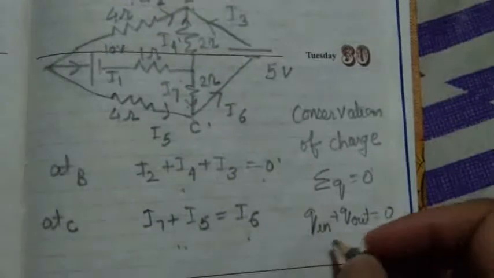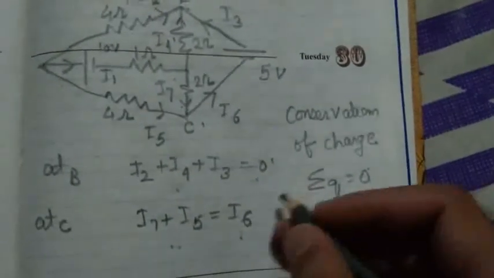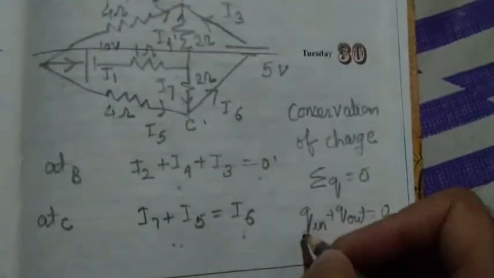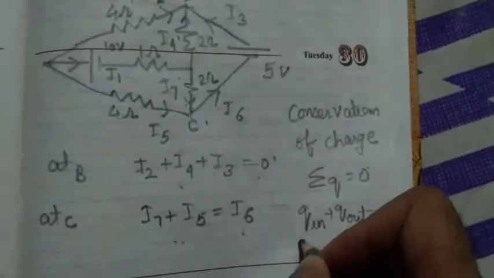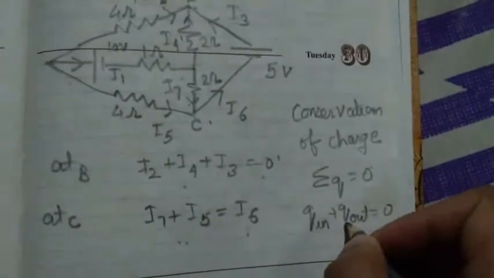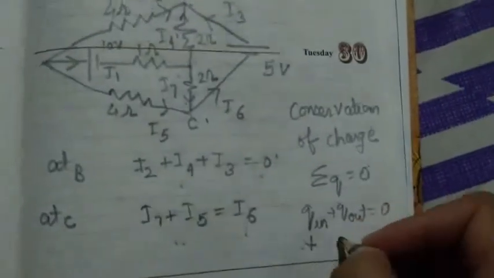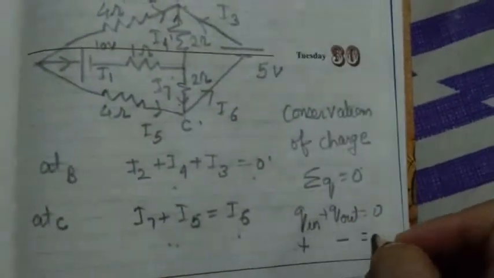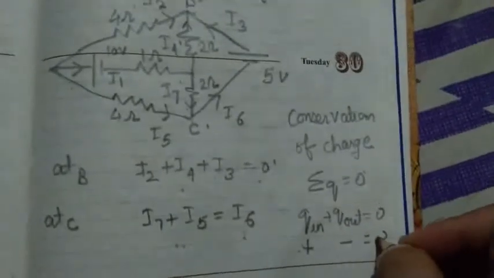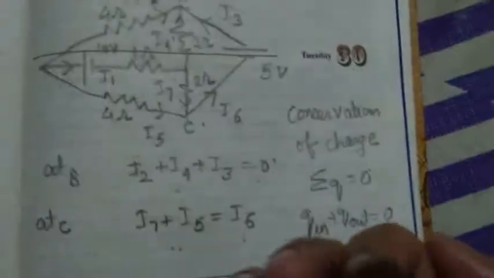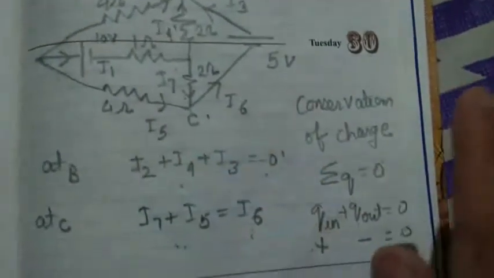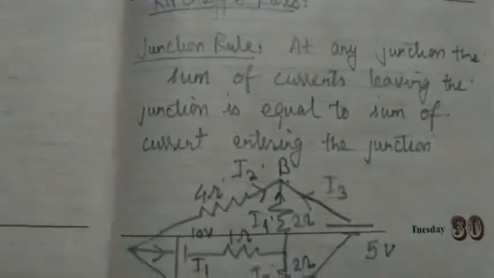What came in and what went out, the net sum will be 0, because what has come in we write as positive, and what has gone out will be written as negative. So the total will be 0. What came to the junction and what was given out by the junction, the total sum is 0. So this is our Kirchhoff's first law.